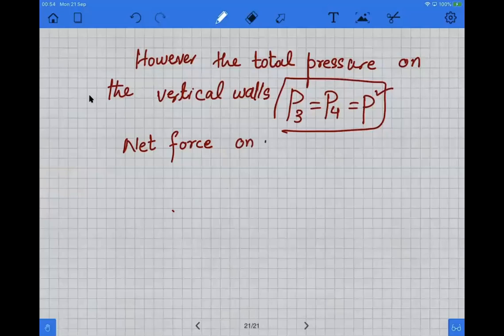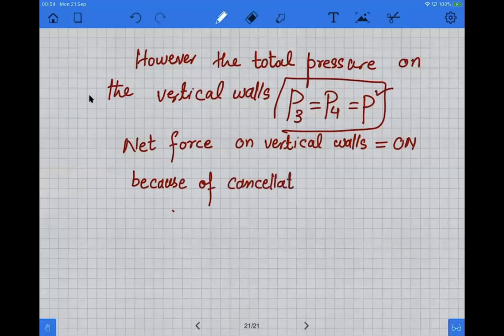Net force on vertical walls AB and CD will be 0 Newton, and the reason for this is because of cancellation. The net force on the vertical walls is 0 because of the cancellation.